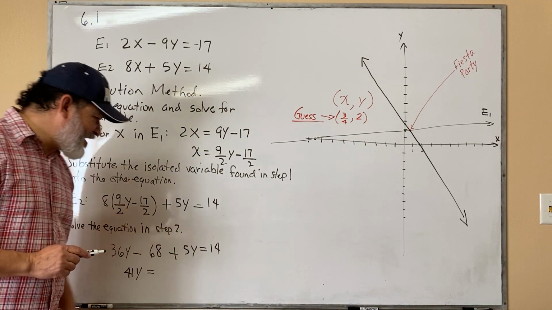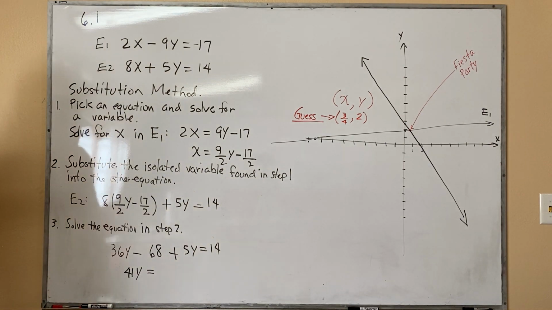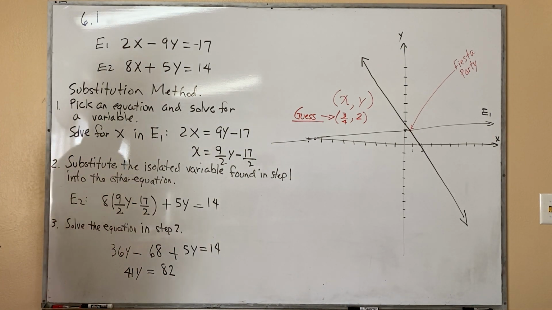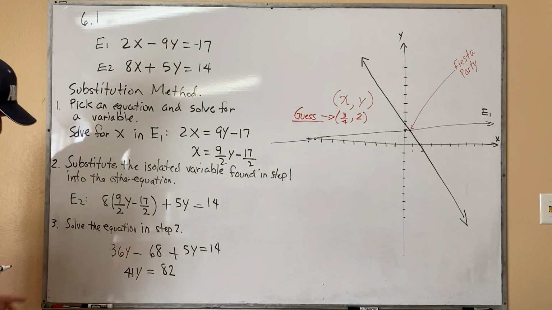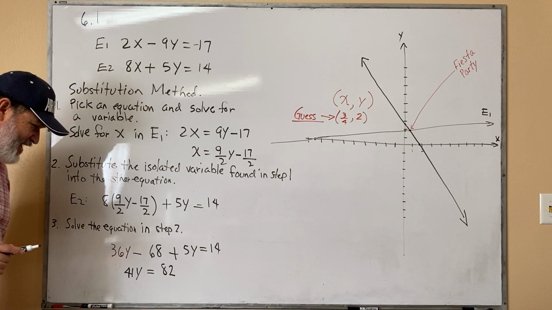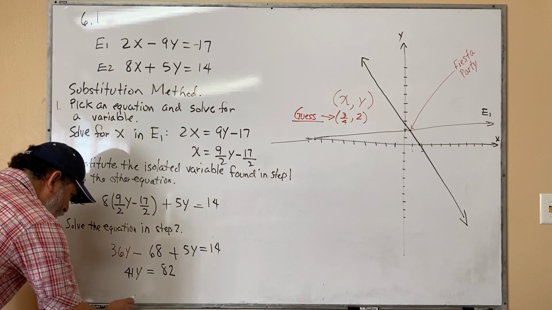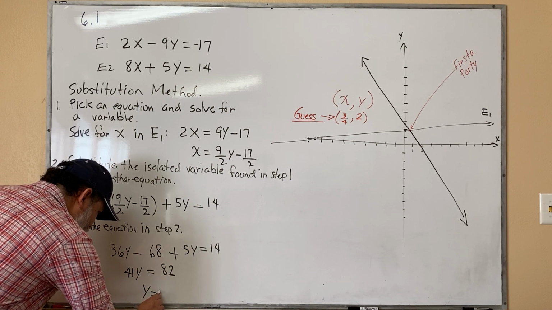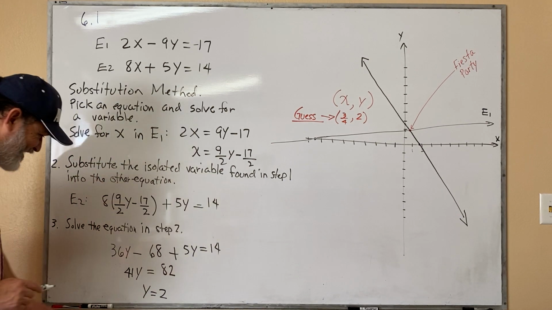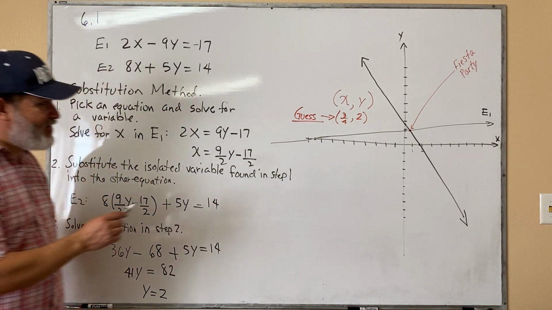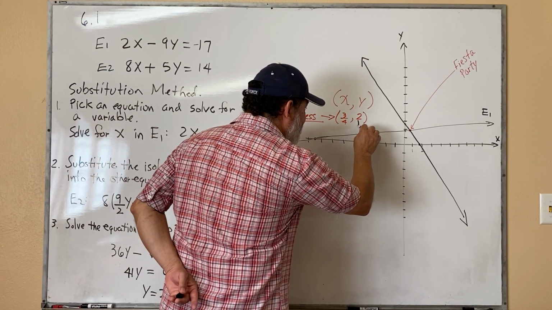What is 68 plus 14? 82. What's the next step? Divide both sides by 41. What's 82 divided by 41? Y equals 2. This is part of the address to the party.